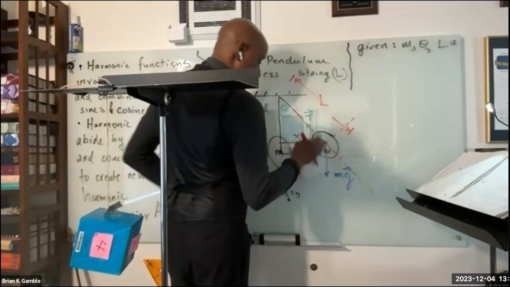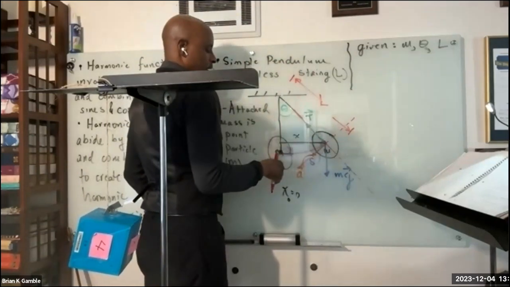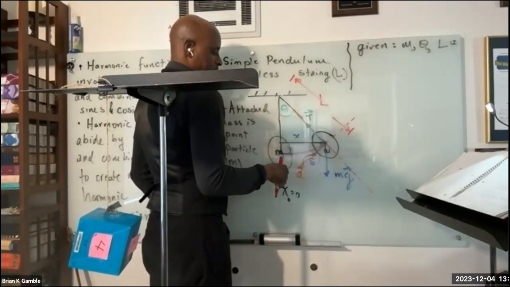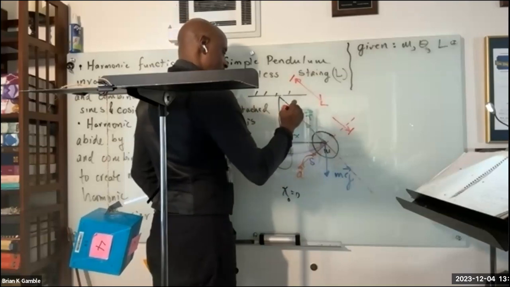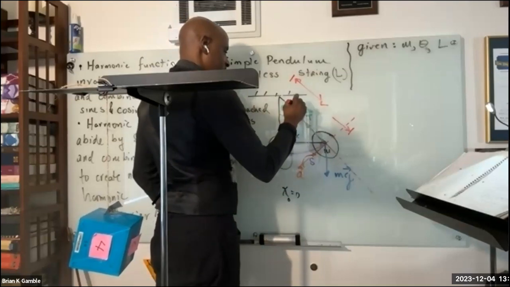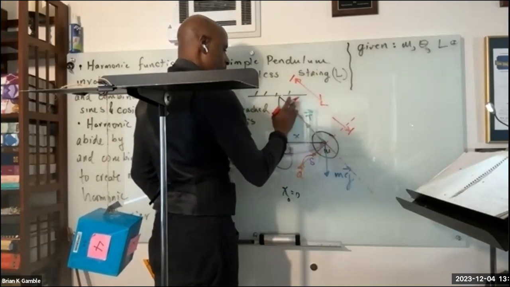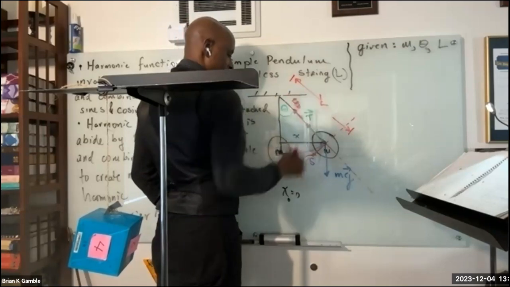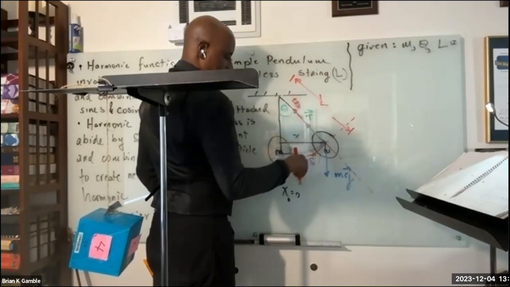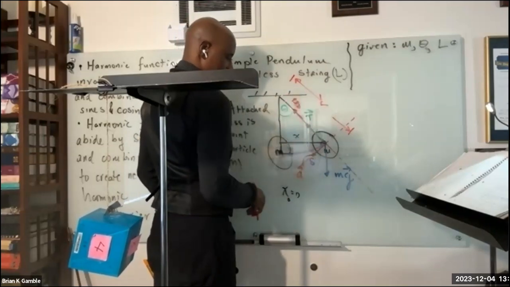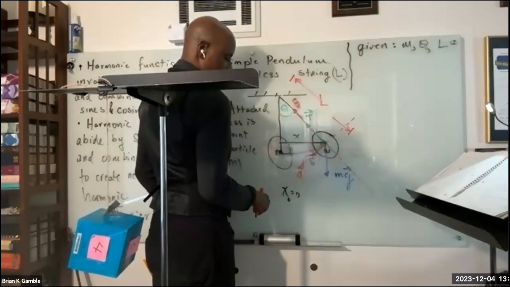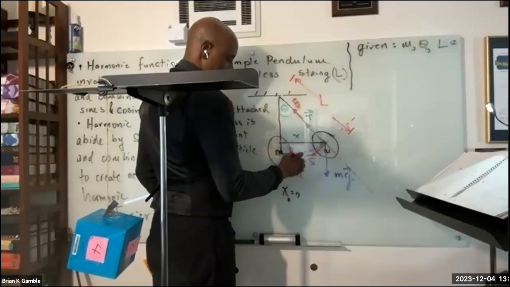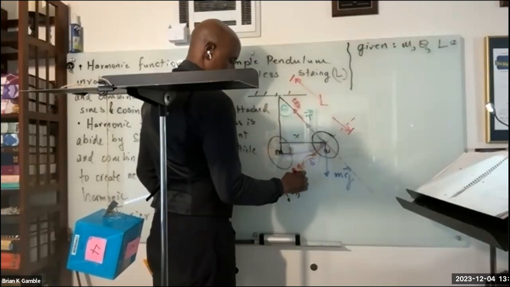At that instant, the y-axis is parallel to T, and I can make any direction positive x. Technically, positive z would be into the board in this case, but it's just the way I think about it. Positive x will be in this direction here.